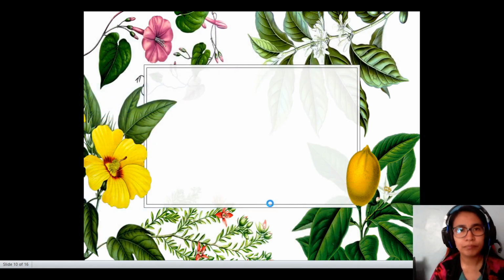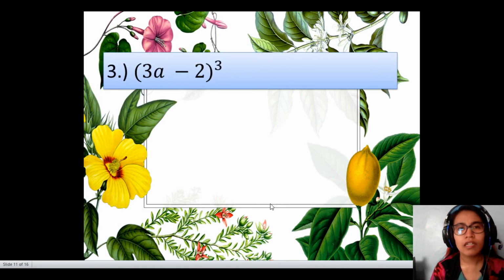And next, how about if it looks like this? The other one doesn't have a variable. So we have the quantity (3a minus 2) cubed. So again, cube our first term. So put it in a parenthesis, then write the cube.